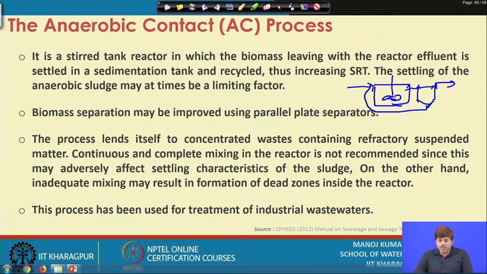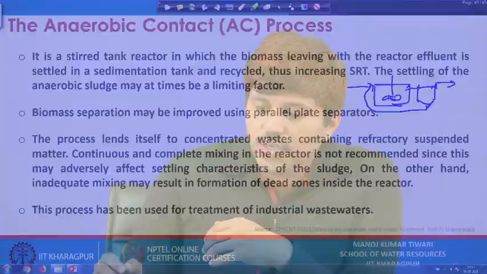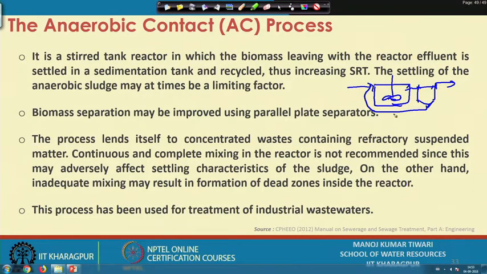We do not want sludge particles to disintegrate; we want at least the flocs or granules to be formed so that better settling is obtained. Mixing is very critical in anaerobic contact processes, primarily because if we mix at too high a speed, we may see disintegration of the sludge and its settling characteristic may be adversely affected, and that way the sludge retention will suffer.